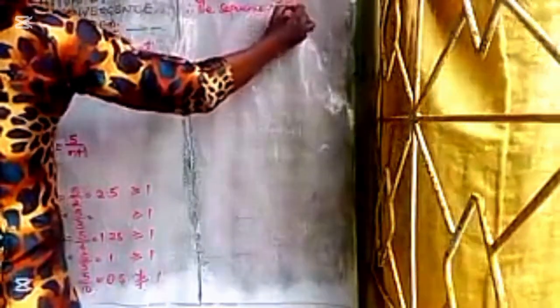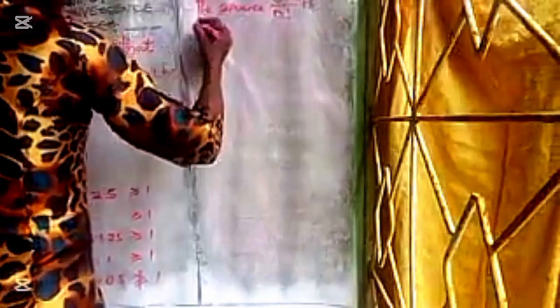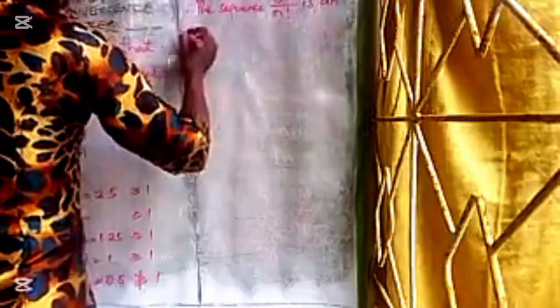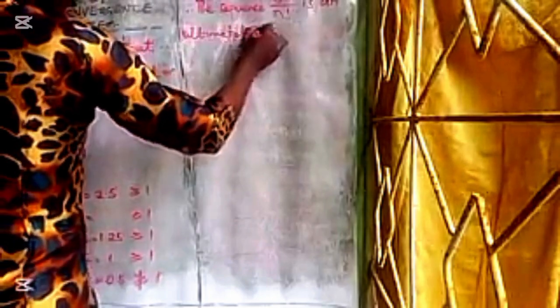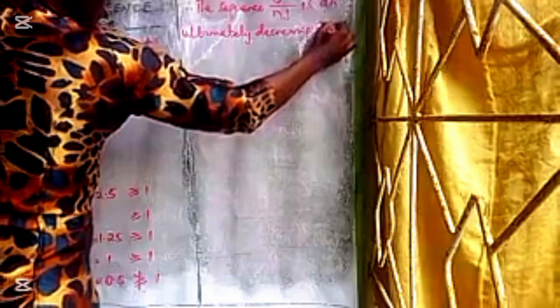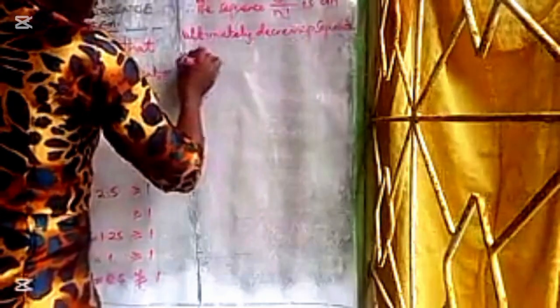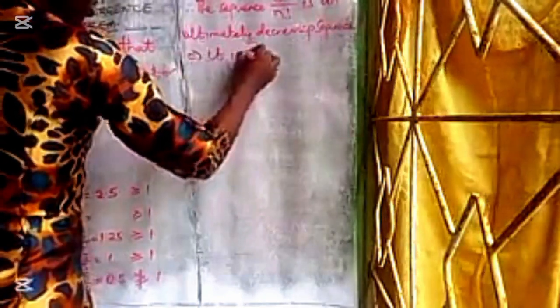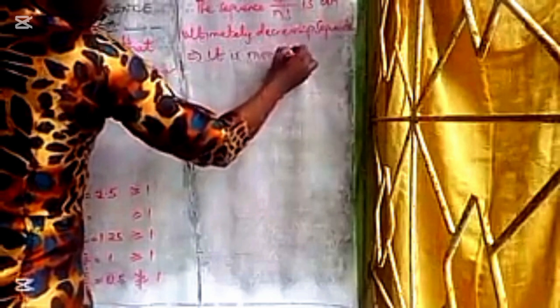However, the sequence 5 to the power n over n factorial is an ultimately decreasing sequence, and so it is monotonic.